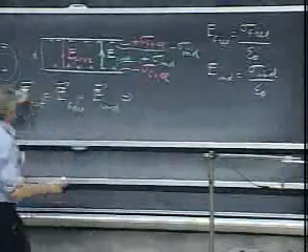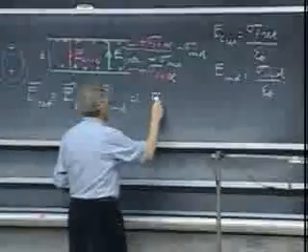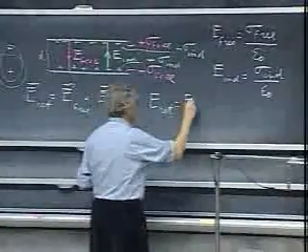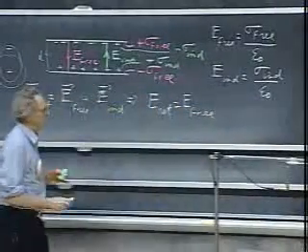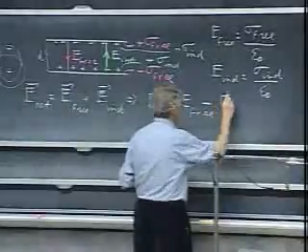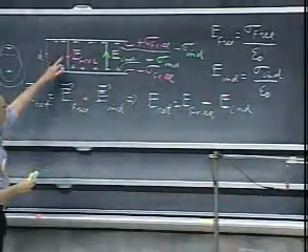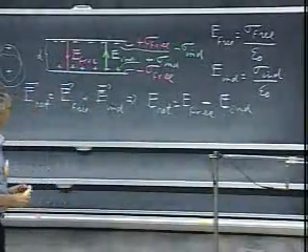Since I'm interested in magnitudes, I know the direction already, therefore the strength of the net E field is going to be the strength of the E field created by the so-called free charge minus the strength of the E field created by the induced charge. Minus because this E vector is down and this one is in the up direction.